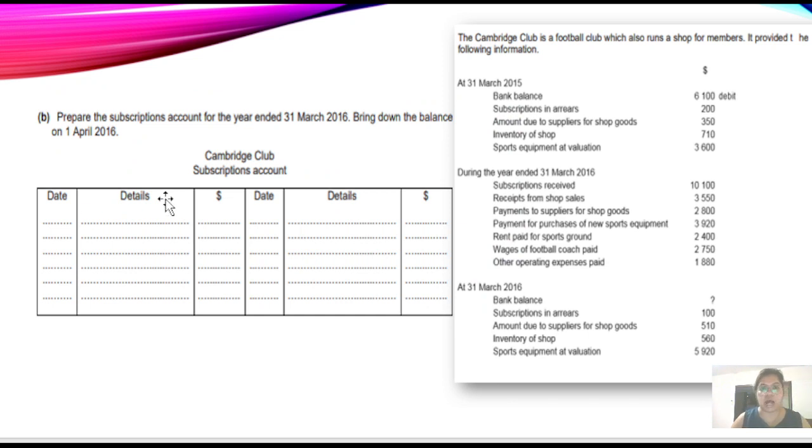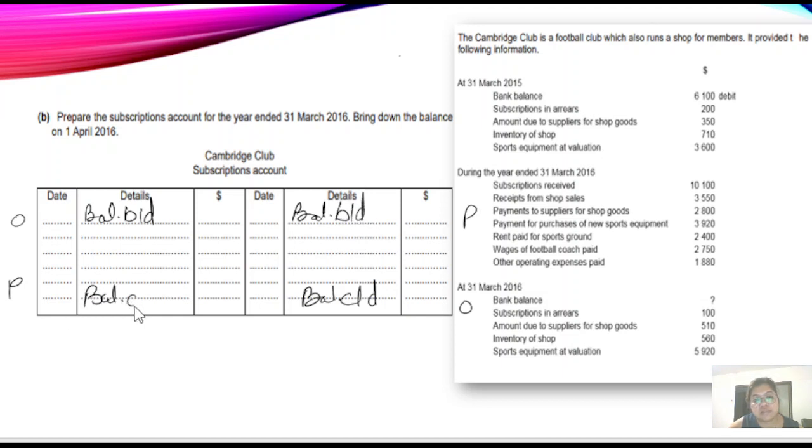In the B part, they ask you to prepare the subscription account. Okay, so now how you're going to prepare the subscription account? So for the subscription account, the first thing is that I told you many times, O, P, P and O. Okay, so here it means balance brought down, balance carried down, again balance brought down, and this side balance carried down.